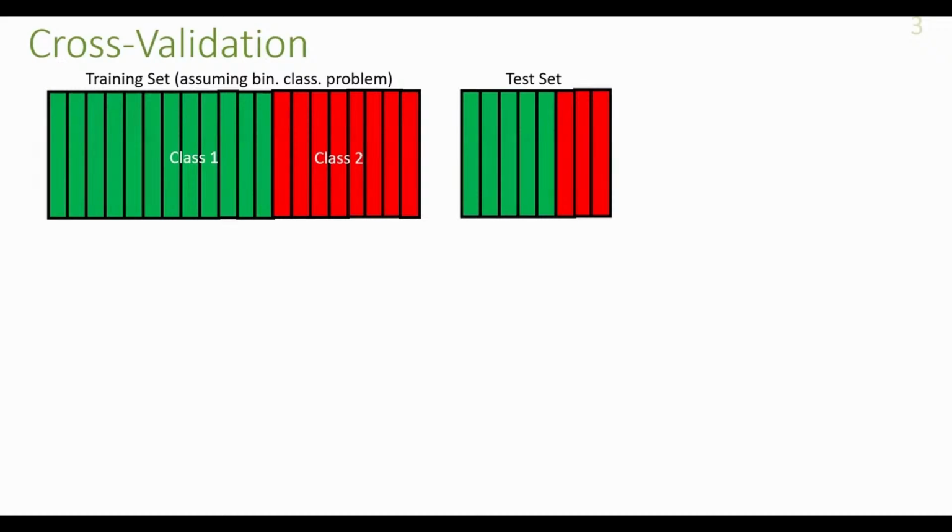And this is called the splitting of data, right? We are splitting our data set into two parts: the training set and the test set. The training set we will use to train our model, and the test set we will use as a proxy for the future data.